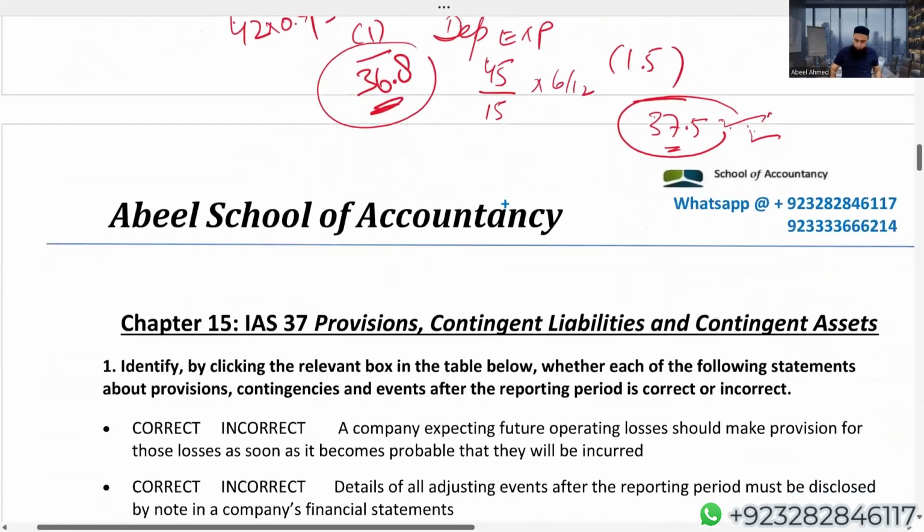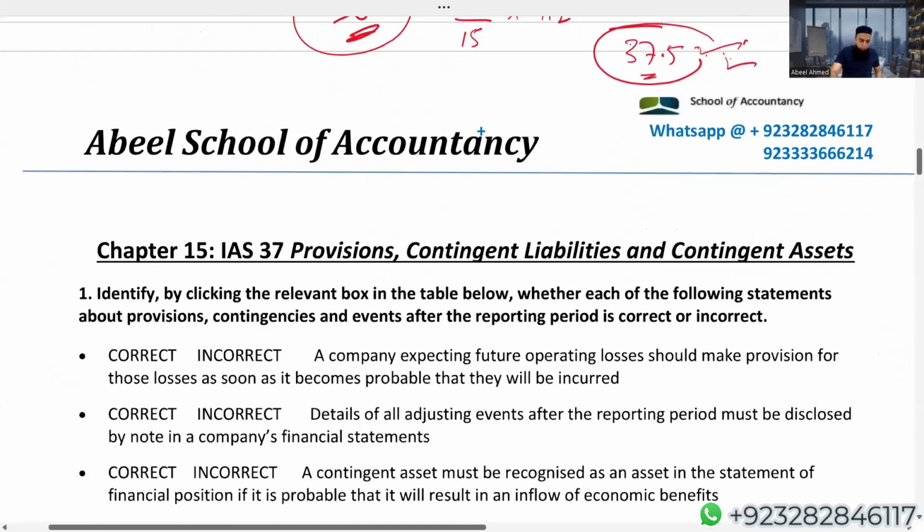Okay, students. IAS 37. I'll be giving you the revision of IAS 37 directly through questions. That is considered a bit easier than IFRS 5, I would say. Again, I've taken all these questions. In fact, in crash classes, I've decided that I'll be taking all the questions from Study Hub.